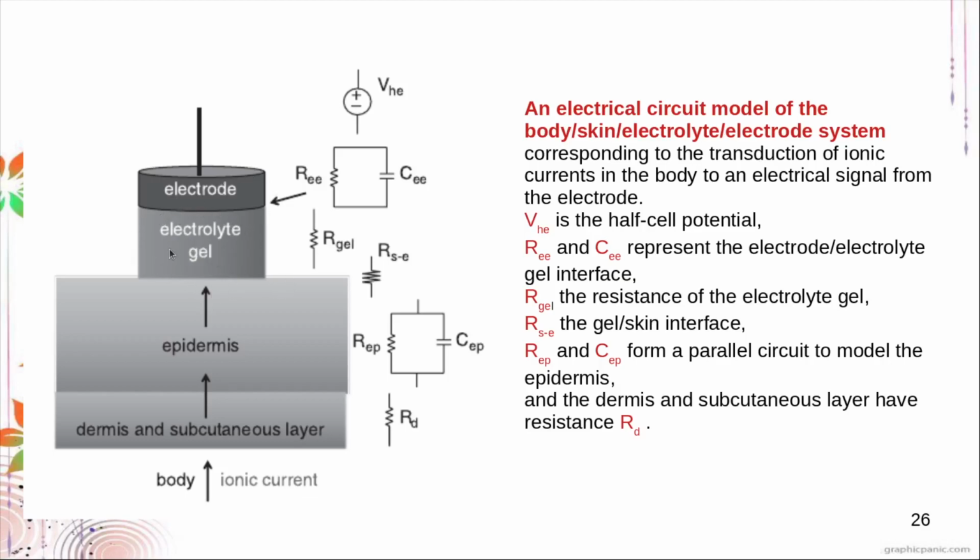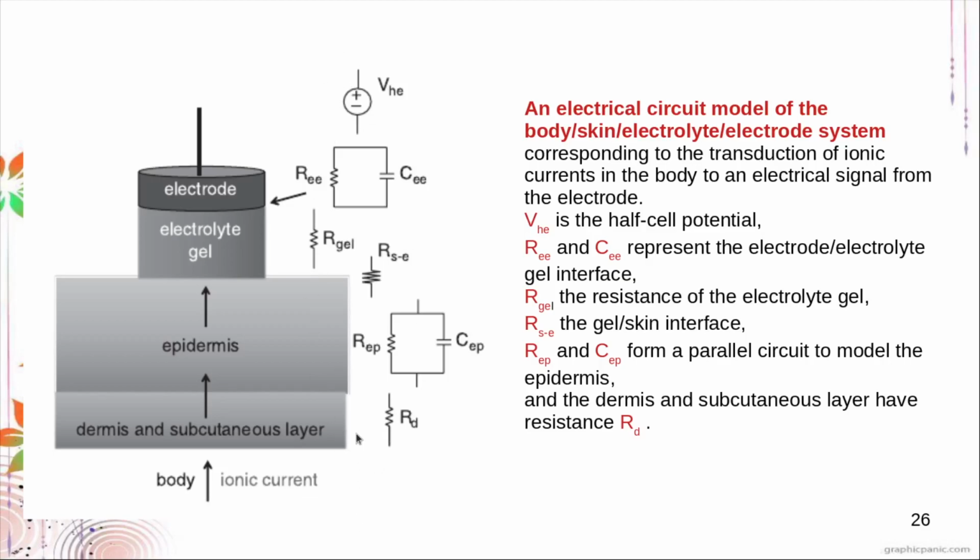Using gels is actually very helpful for electrodes because the gel serves a variety of functions and it helps in the sensing as well. So you have the epidermal layer, the skin, and then the inner layer of the skin, your dermis, and the subcutaneous layer, and the actual body part, which is the source of your current. So this is your electrical circuit model.